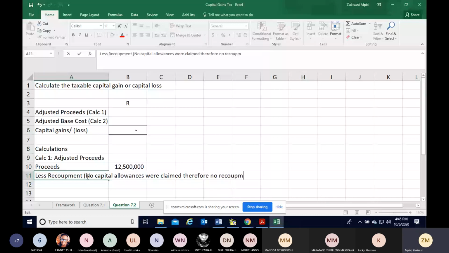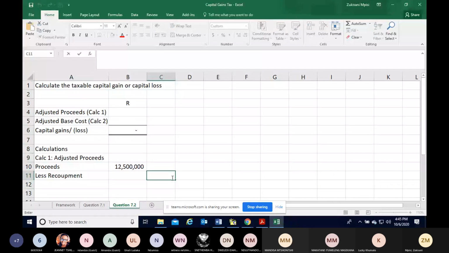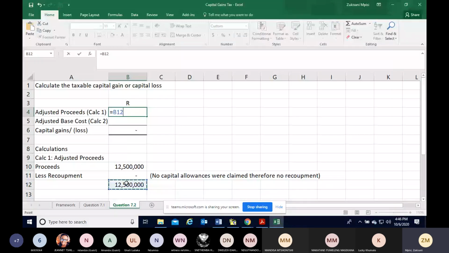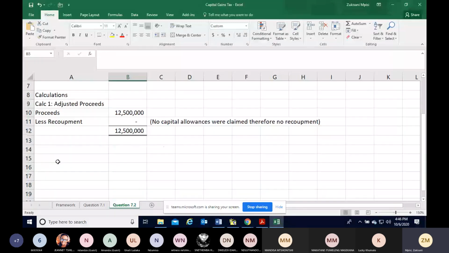Therefore no recoupment. That's why on your recoupment, we're going to have a nil. Therefore your adjusted proceeds is equal to 12,500,000.